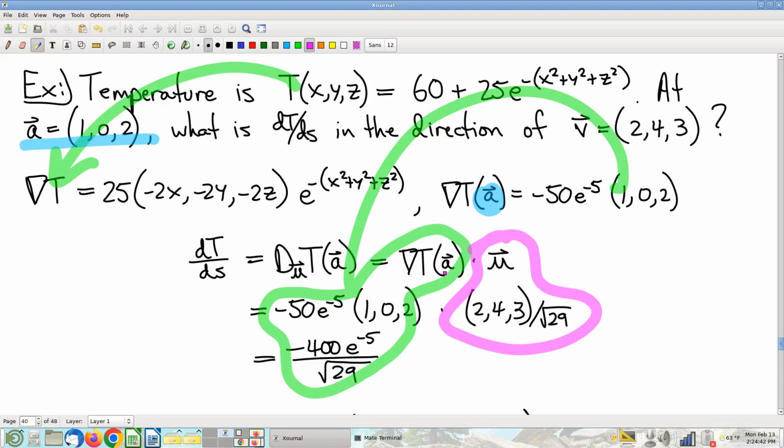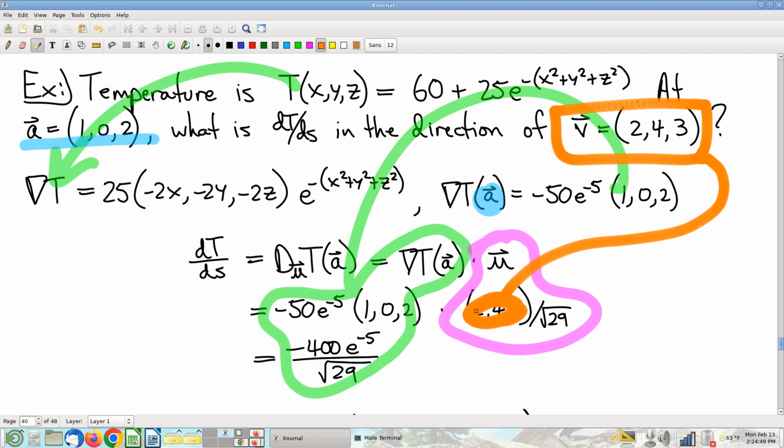Now be careful with this. You can't use whatever vector was actually given, because, what are the odds, it's probably not a unit vector. And in order to say the words directional derivative, it's got to be a unit vector. So don't forget to unitize, we say normalize, your direction vector. And then arithmetic and answer.